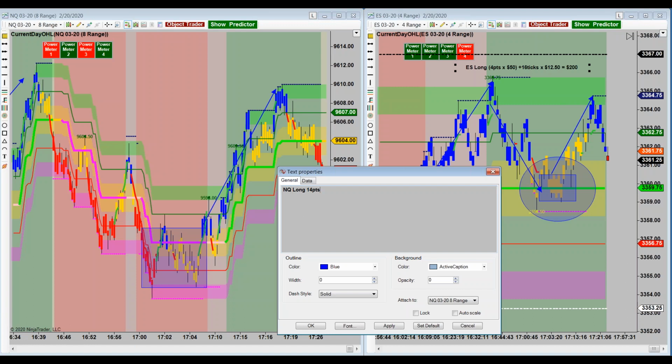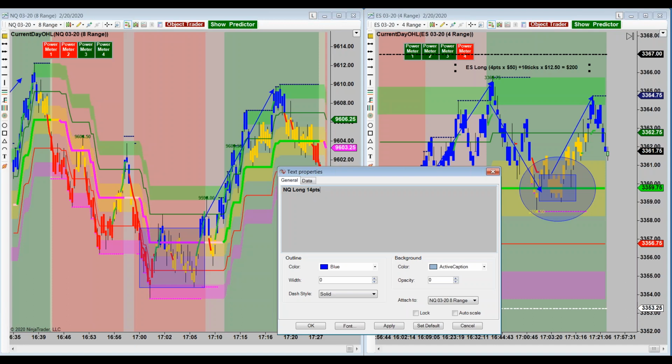And what is a point worth on NASDAQ? Well, let's see. I think there's 4 ticks per point, and it's $5 per tick. That would be times 20. 20 times 5 is, right? Times 20 per point. $20 per point.